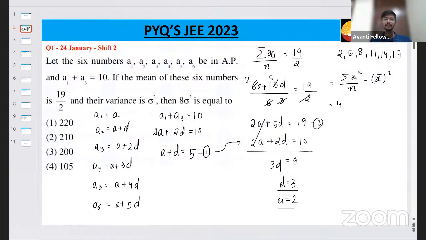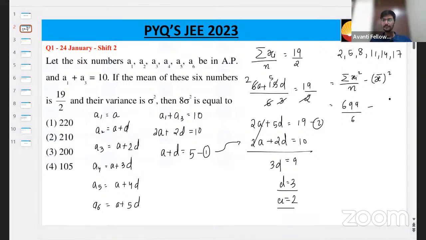What will be the answer of summation xi square? 699. 699 upon n, which is 6, minus, what is x bar, guys? 19 by 2, right? So 19 by 2, the whole square.